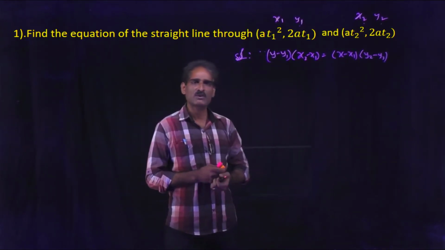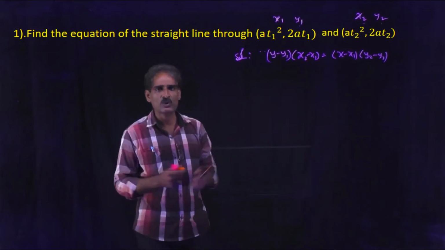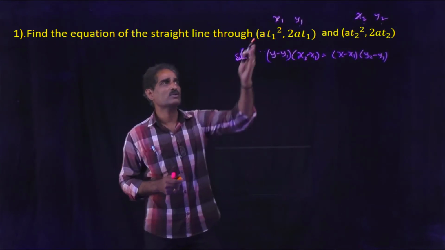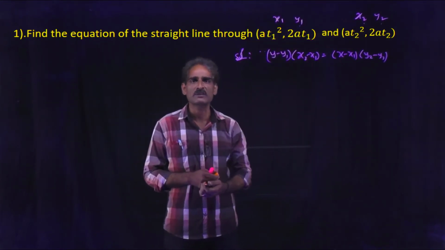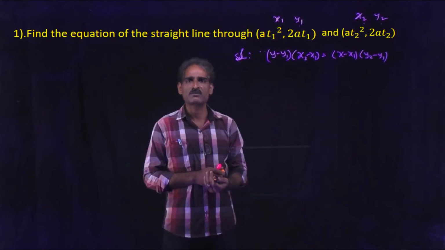This is the formula to find the equation of the line. The two points are given, so here x1, y1 and x2, y2 are also given. Just substitute in this formula.